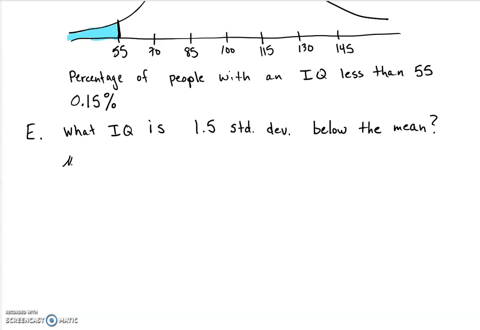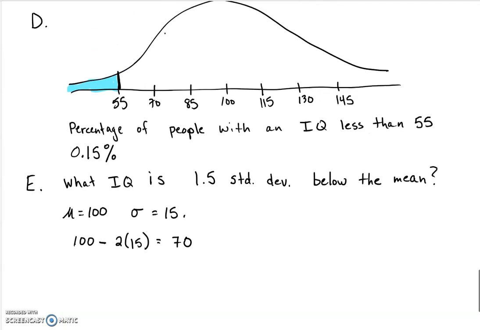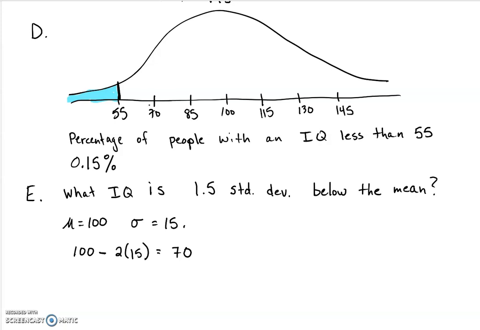So remember, our mean is 100, and our standard deviation is 15. So if we wanted to get 70, we would take the mean and we subtract 2 times the standard deviation, and that would give us 70. And if you go back to our graph, 70 is 2 standard deviations below the mean. Hence the reason we multiplied 2 times the standard deviation.